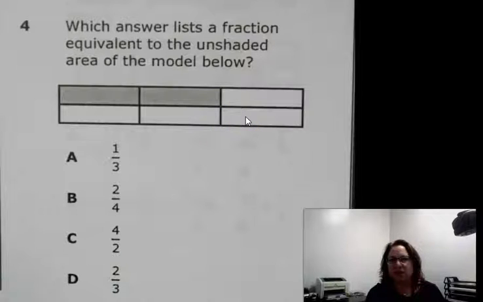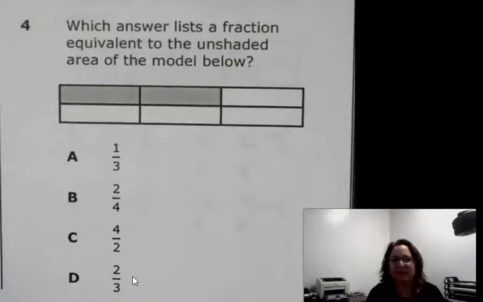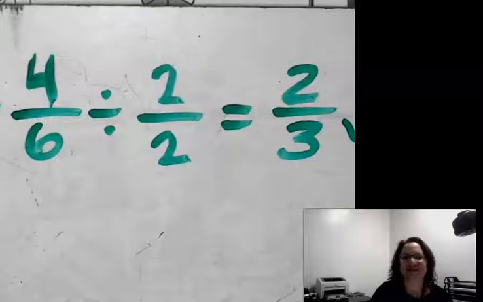So for this fraction, the denominator is 6, and the unshaded part is 1, 2, 3, 4. Okay, so we are looking at 4/6. Which of these is equivalent to 4/6? We just did this one in the other problem, didn't we? It's 2/3. Remember? We know that 4/6 is equivalent to 2/3.